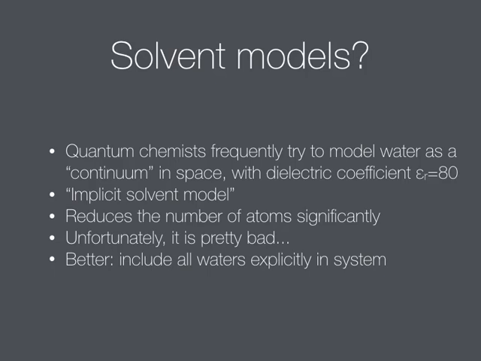Then there are more advanced implicit solvent models, which reduce the number of atoms significantly, but they are not very good, and they're actually slower. On modern hardware, it's much more efficient to do repetitive, simple things the same all the time, like the Lennard-Jones and the Coulomb interactions, which work better than this complex thing with complex indexing to keep track of densities of your solvent. So we use explicit solvent.